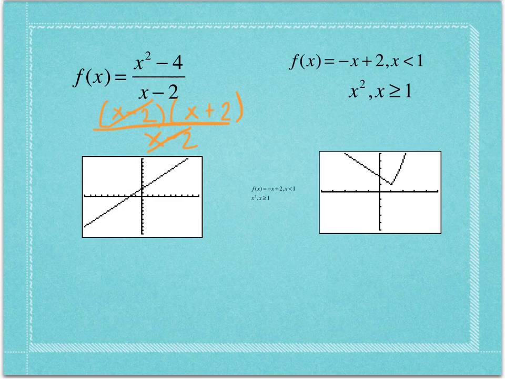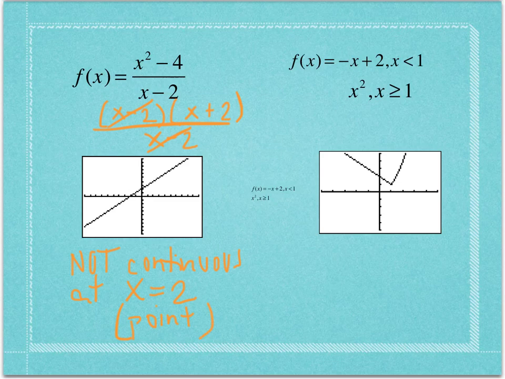So really this looks like the line y equals x plus 2, but there is a little hole in here right at 2. So is this a continuous function or not? Well, we would say pointwise anyway, that this is not continuous at x equals 2. And it's a point or removable discontinuity that is preventing it from being continuous right there.